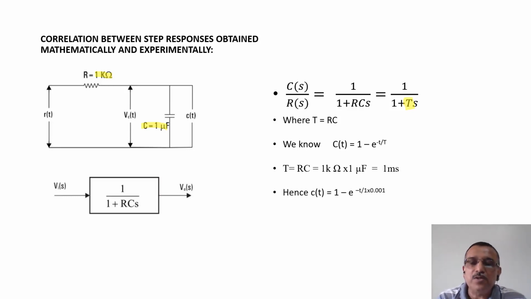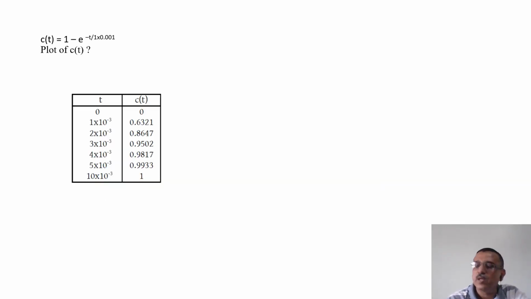So what is the response? The response is 1 minus e power minus t by 10 power minus 3. So without going to the lab, if you know the values of R and C, you can sketch the response. For t equal to 0, you can compute this number, C of t, you will get 0.